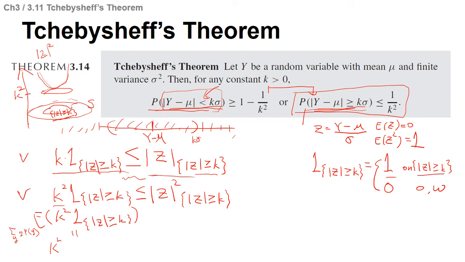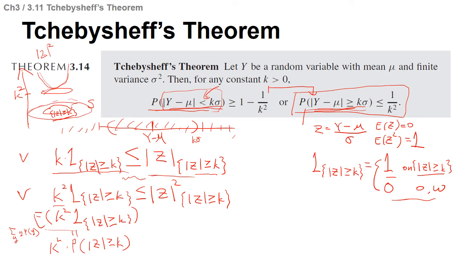So it is 1 on this set, with probability that the absolute value of z is greater than or equal to k, and 0 on the other set. So the expected value of the left hand side is k squared times the probability that the absolute value of z is greater than or equal to k.